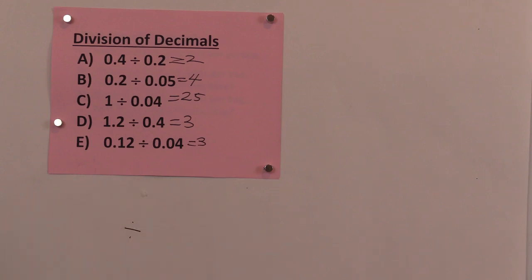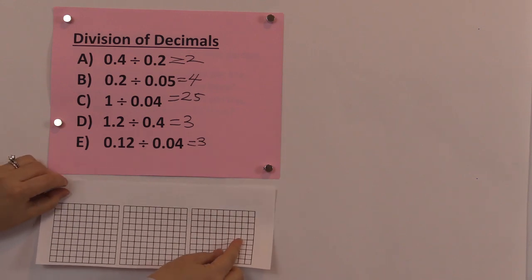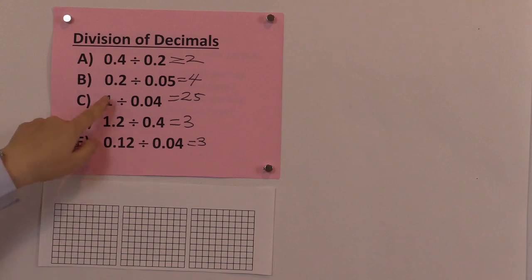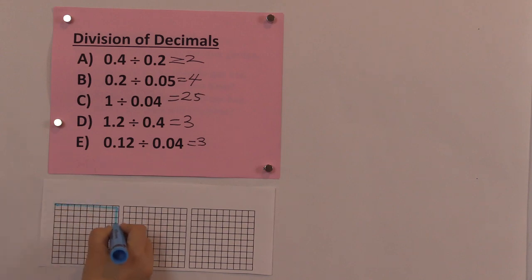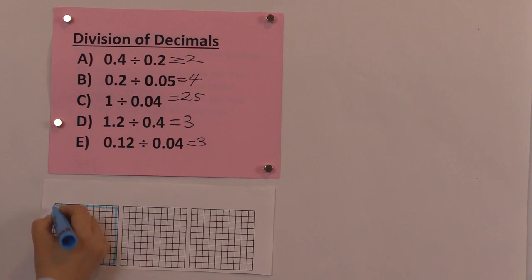Okay? Good. So I'm going to show you this one here. So 1. So suppose that I colored in everything in here. This is my total.